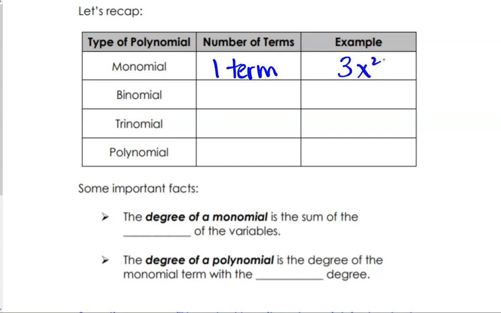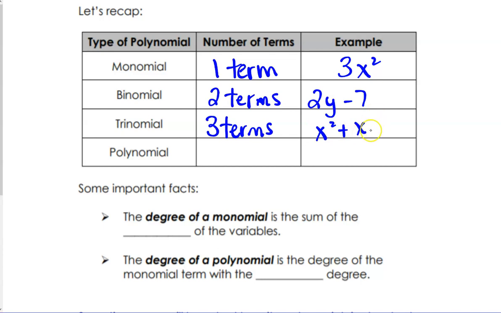A binomial is going to be 2 terms, like 2y minus 7. It's 2 different pieces. A trinomial has 3 terms. The most common one you see here are quadratics, so x squared plus x minus 2. There's 3 different pieces.